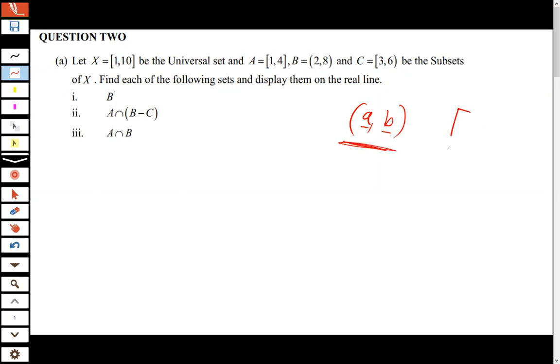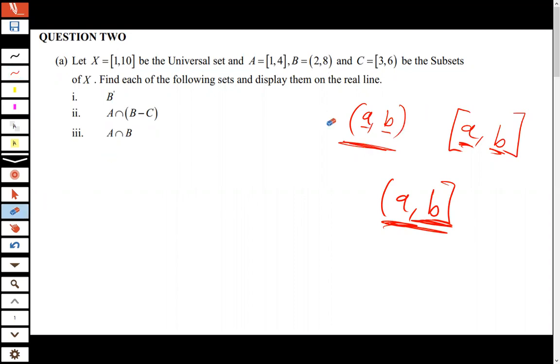If we're using closed brackets, we're talking about elements from A up to B, meaning A and B are also part of the set. So if we have a set where A is not included but B is, it means A is not part of this set, but B is part of the set. It's as simple as that.